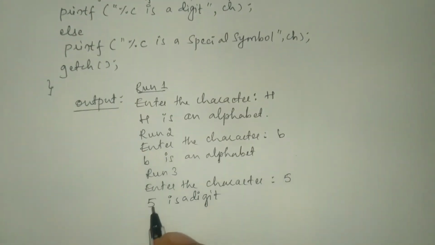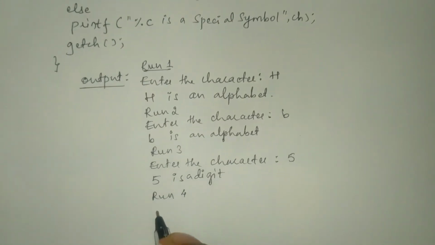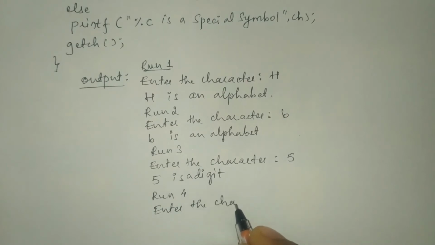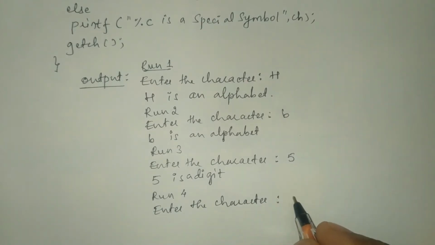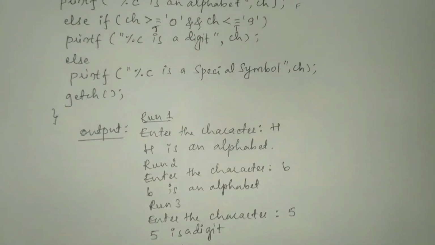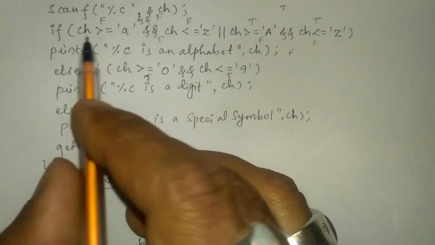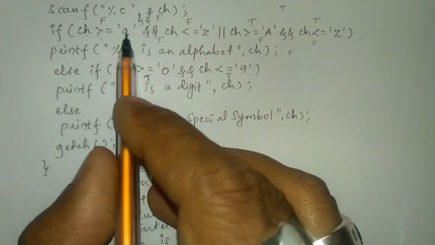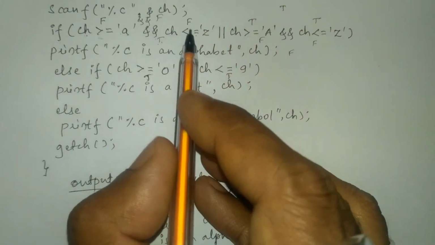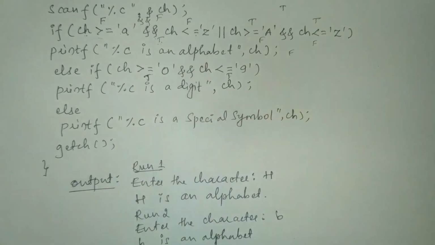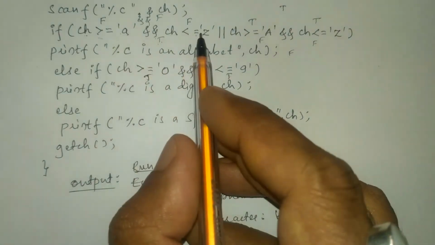Next, we'll take one more run, number 4. Once again we will be asked to enter the character. Now I'm going to enter, for example, question mark, right? Yes. Let us check out how exactly this condition works. ch is greater than or equal to lowercase letter a and ch is less than or equal to lowercase letter z, whether question mark lies in between these alphabets?